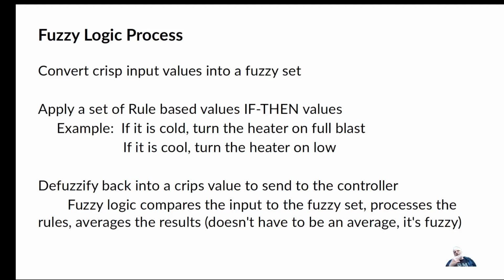If the temperature is cold, then we do this other thing. And so we have these fuzzy sets: hot, cold, warm, lukewarm, whatever you want to call them. And then we read in this crisp value, we run it through the fuzzy set and see where it falls within the fuzzy set, and then we defuzzify back into a crisp value.